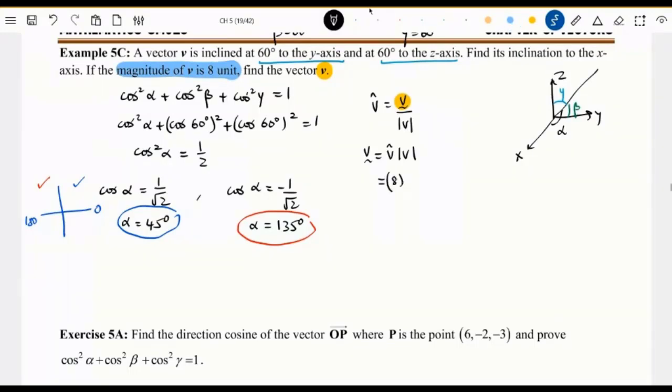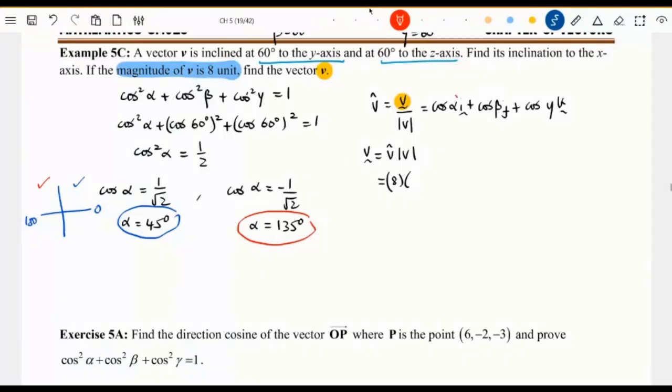Okay. So V hat pula datangnya daripada yang ini. Okay, sekejap, ini sama dengan cos alpha I plus cos beta J plus cos gamma K. So V hat sama dengan cos alpha I plus cos beta J plus cos gamma K. So kita dah tahu dah kamu punya alpha berapa.